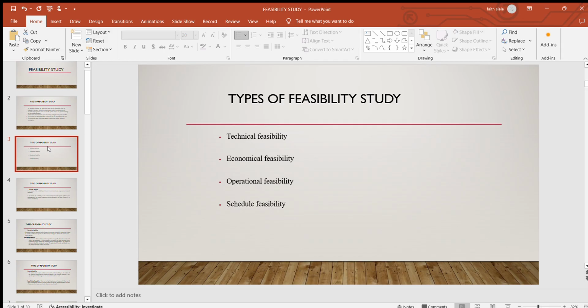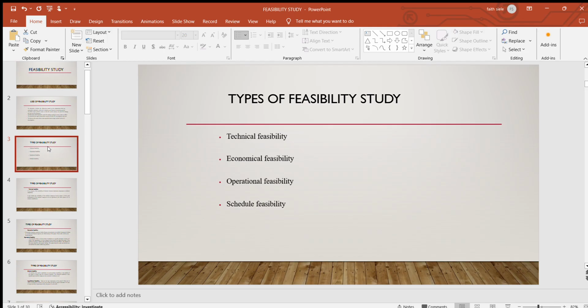It also helps in resource allocation, whereby it ensures that resources are allocated effectively to projects which are likely to be successful. And then also it helps in stakeholder alignment, whereby it facilitates alignment and even buy-in from stakeholders by demonstrating the project's viability. So that is all under importance of feasibility study.